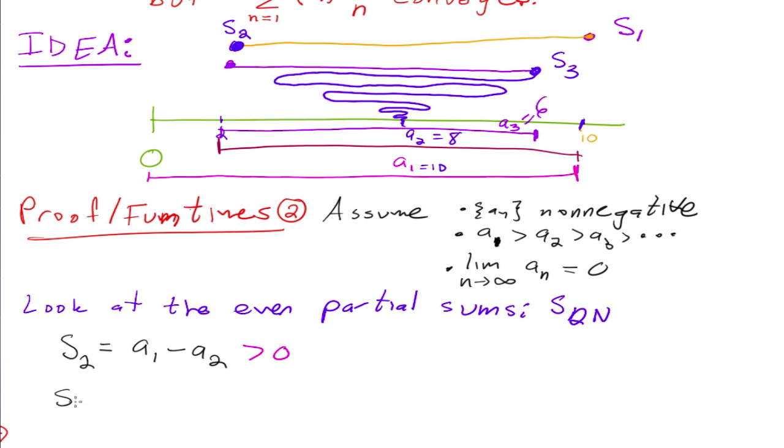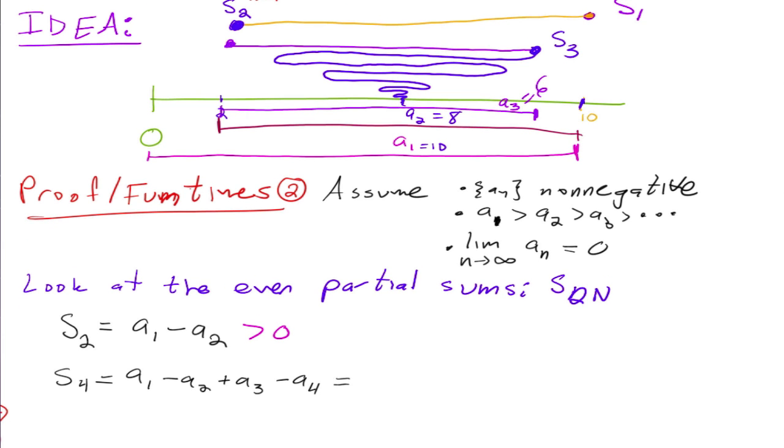Okay. Then S sub 4 is equal to A1 minus A2 plus A3 minus A4. Right? So just the sum of all the terms up to A4. Okay, now what do you notice? What is that right there? That's S2, right? So if I rewrite this as S2 plus A3 minus A4.